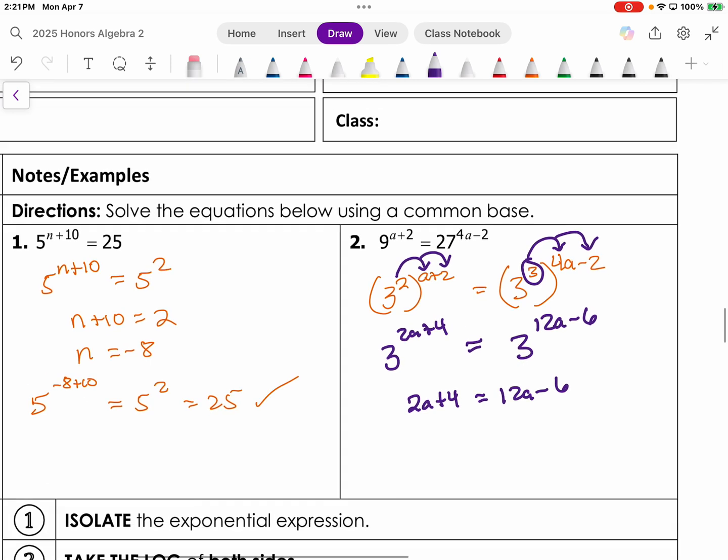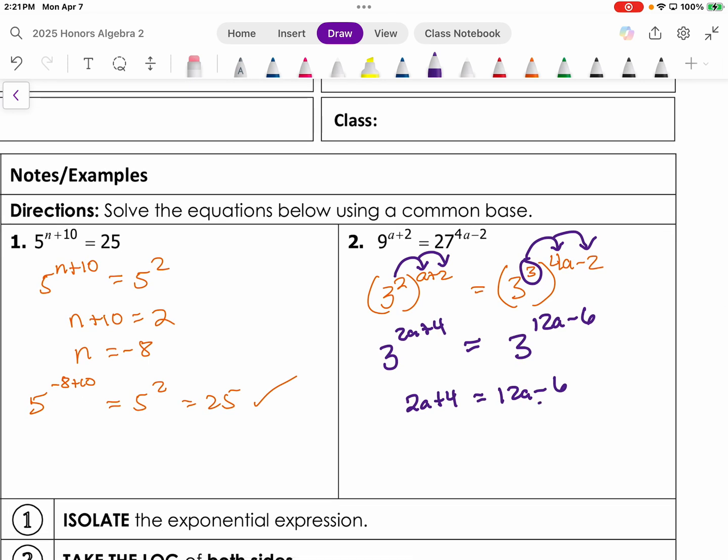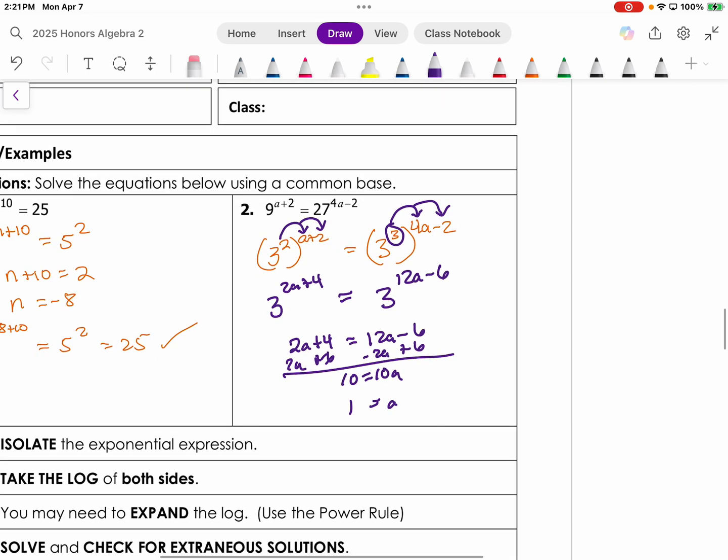And now we solve for a. I'm going to add the 6 and subtract the 2a. I get 10 is equal to 10a, so a has got to be 1. And then I have to check it, and this is where using the calculator helps us out.